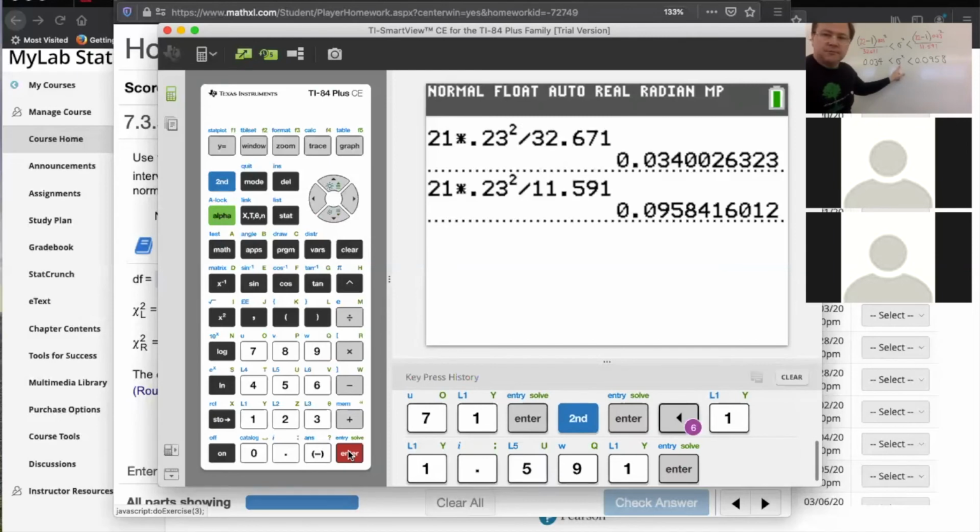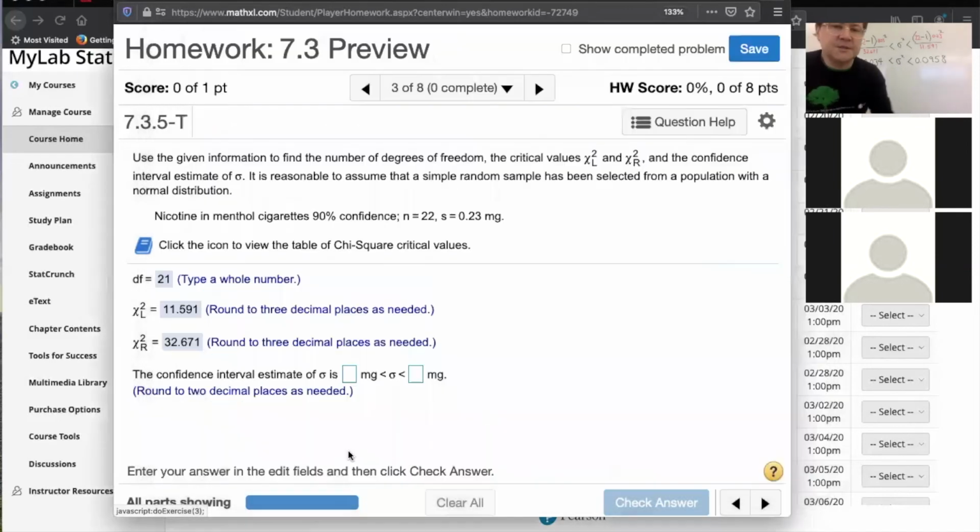But right here in the middle, see how the question has a sigma, standard deviation, but there's not a square on it. So you have to look for the square root? Exactly. So the next thing I'm going to do is take the square root of this, the square root of this, and the square root of that. The square root will undo the square, leaving me with just sigma, which is what I want.